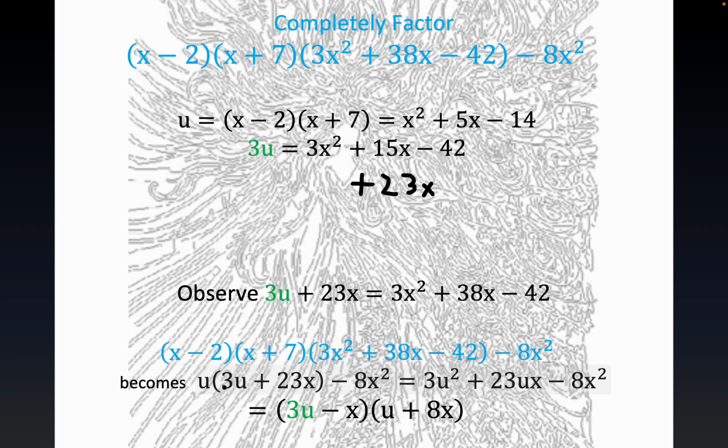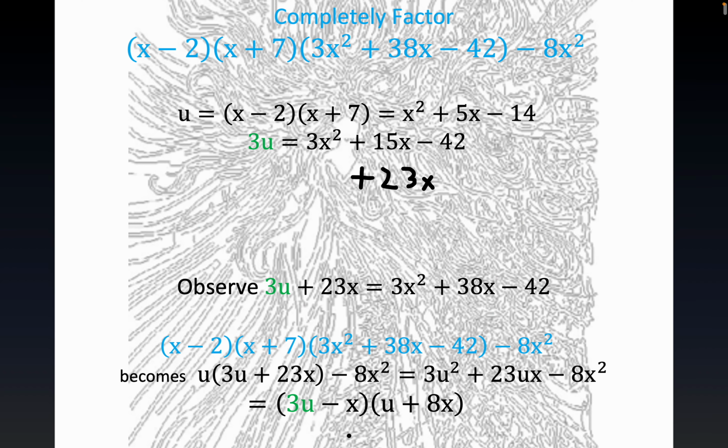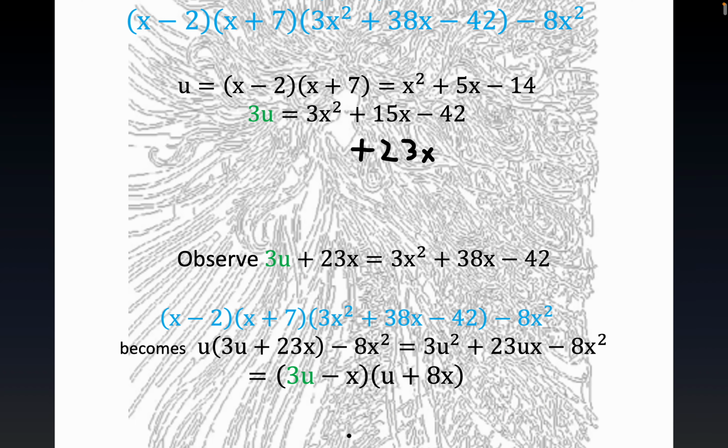I just recopied everything. This first part is equal to the u that we wrote down up here initially. The second part is 3u plus 23x, and we have minus 8x squared. Now, this still looks a little hopeless, but when you multiply this out, it does factor, okay? It does factor, and so we do have a factored form.